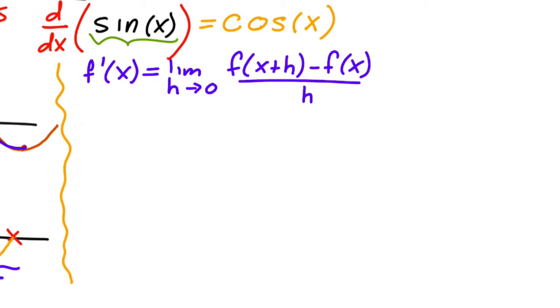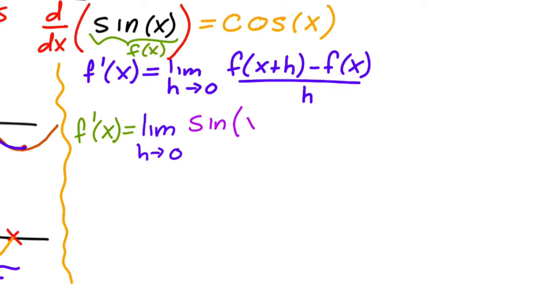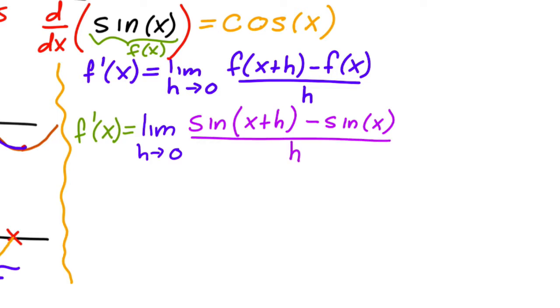So assuming that f of x is sine, then f prime, the derivative, is equal to the limit as h goes to 0 of sine of x plus h minus sine of x all over h.